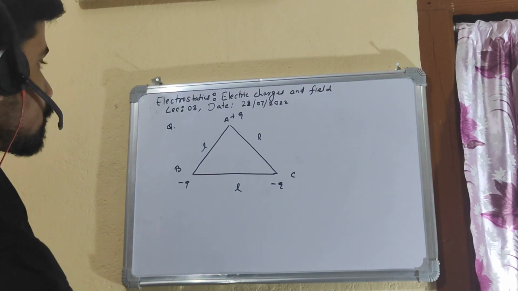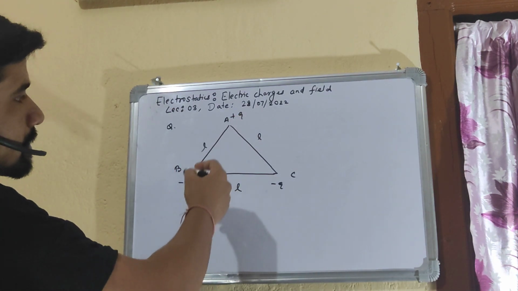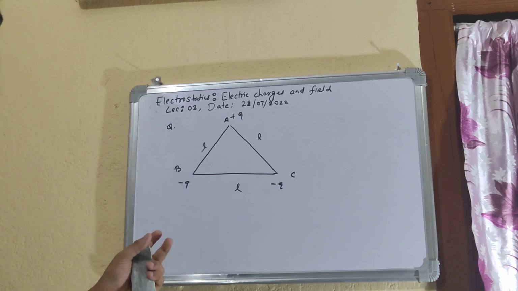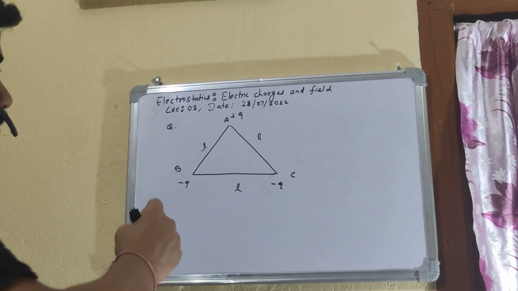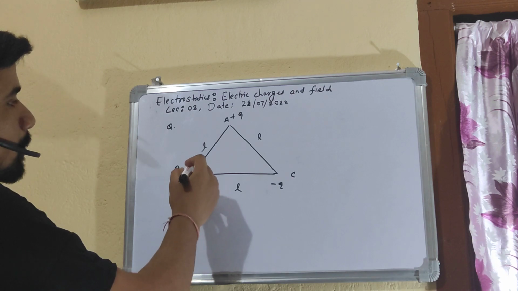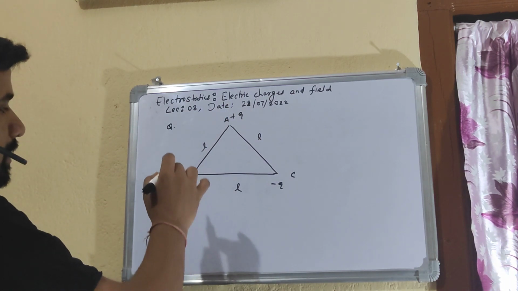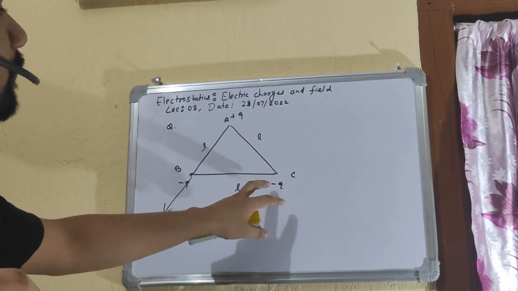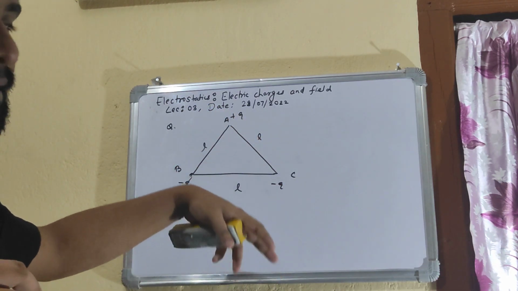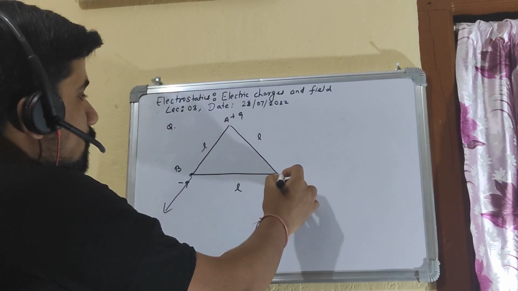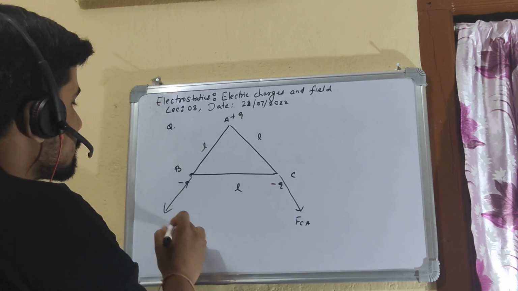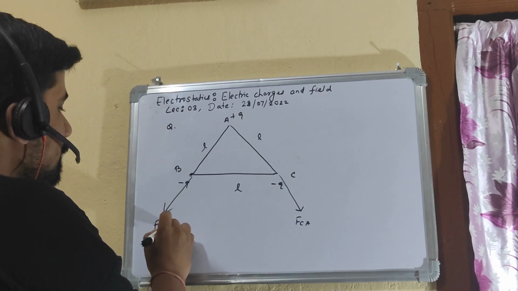B will exert an attractive force on A, because both are unlike charges, so it will have a tendency to attract A. The direction of force from B to A will be in this direction. Similarly, C is again a negative charge, and it will also attract A since A is of opposite charge. So the direction of force because of C on A is this. Let's indicate this as FCA and this as FBA.